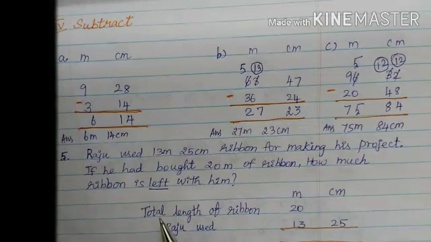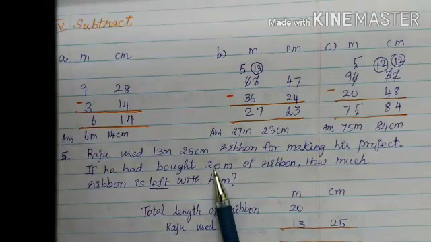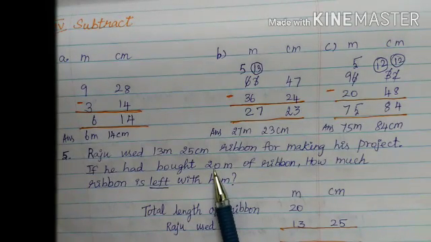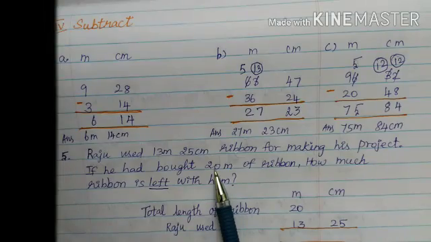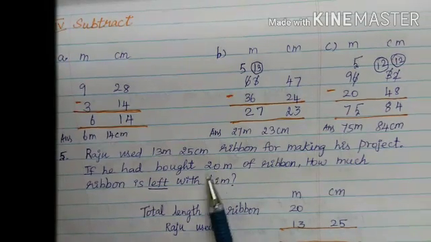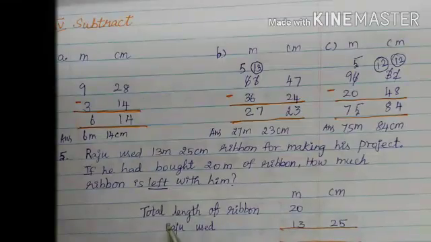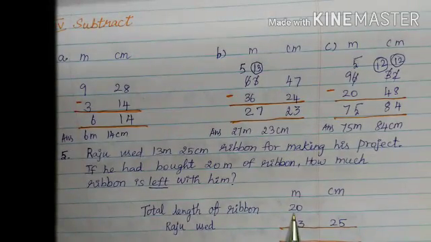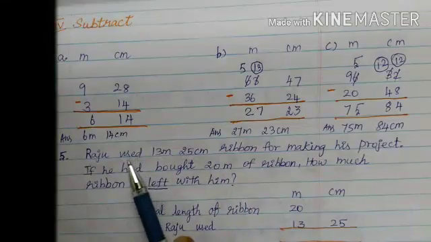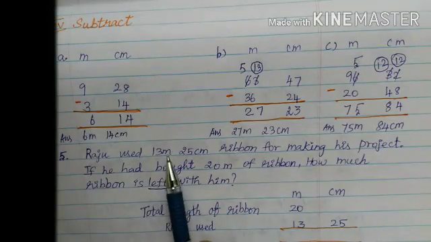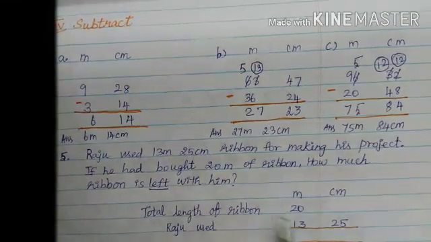First, the total length of ribbon given here is 20 meter. He bought 20 meter of ribbon, so the total length of ribbon is 20 meter. Then Raju used 13 meter and 25 centimeter.